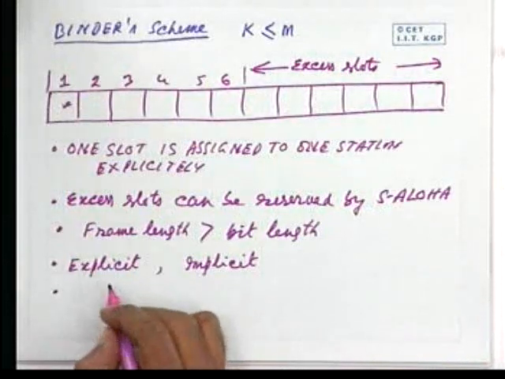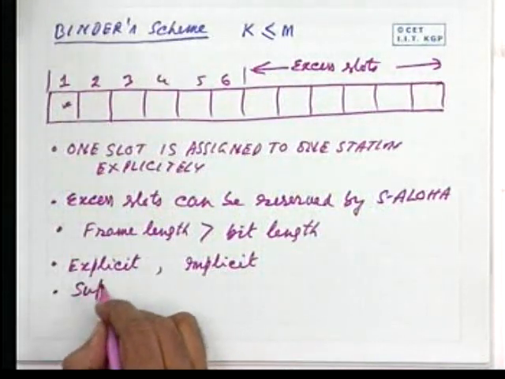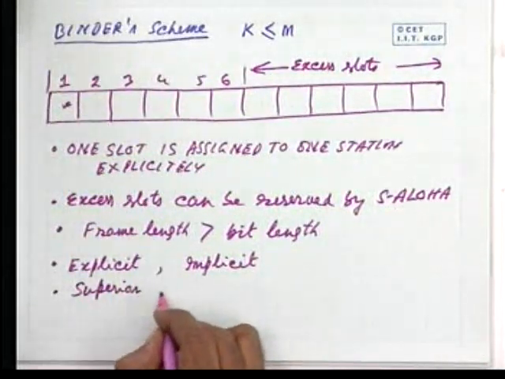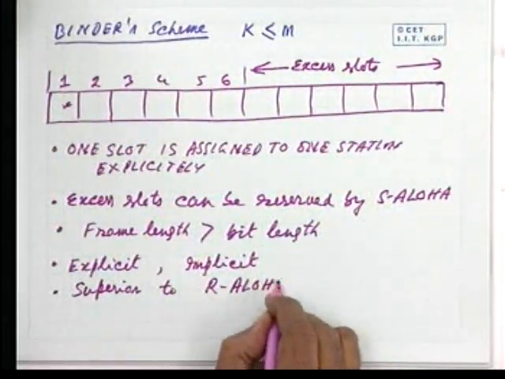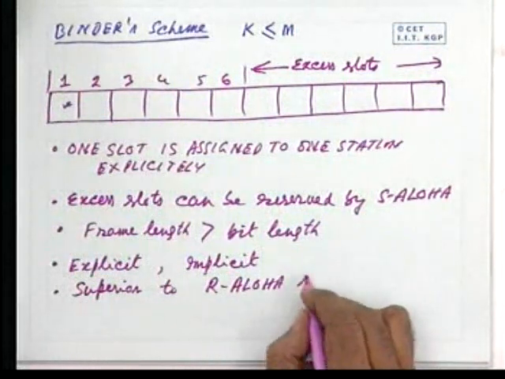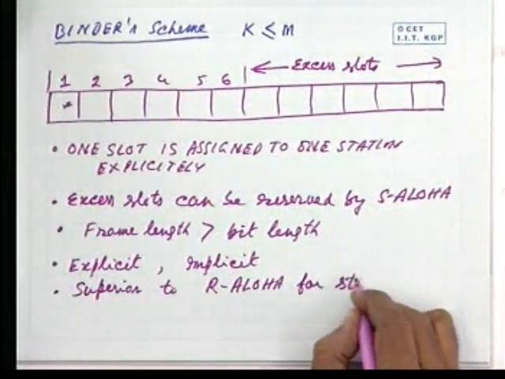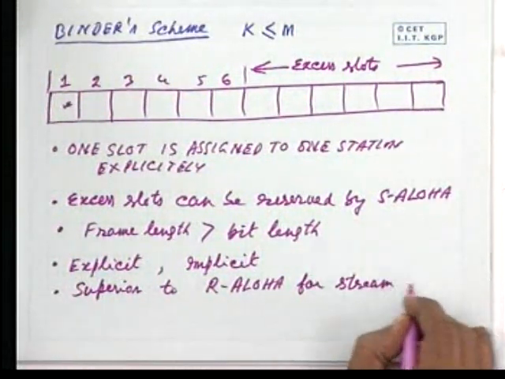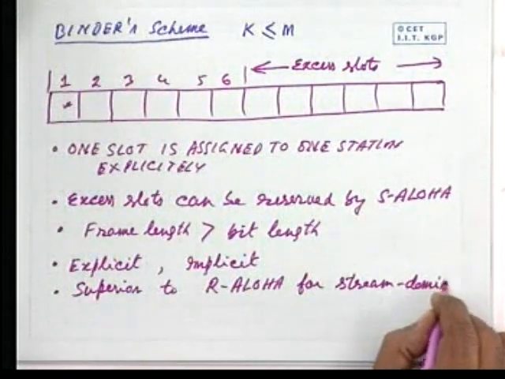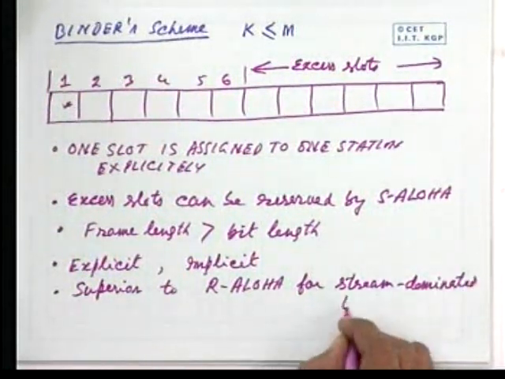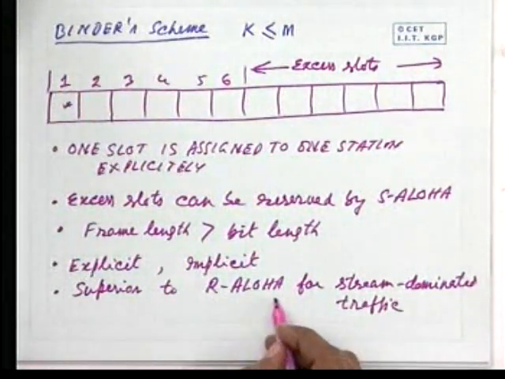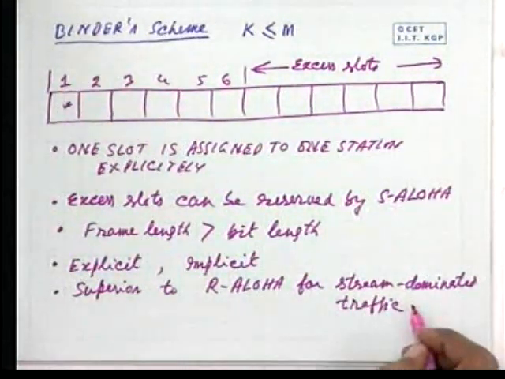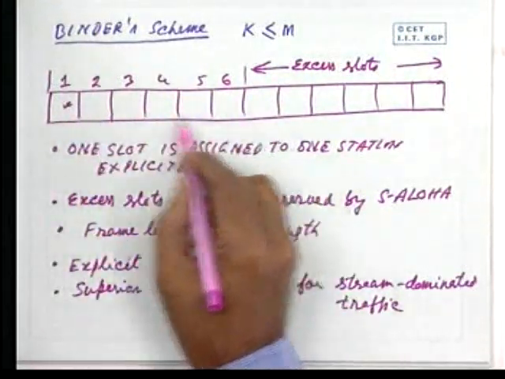And it has been found that this is superior to reservation aloha for stream dominated traffic. It is better than R aloha for stream dominated traffic because of this explicit reservation.